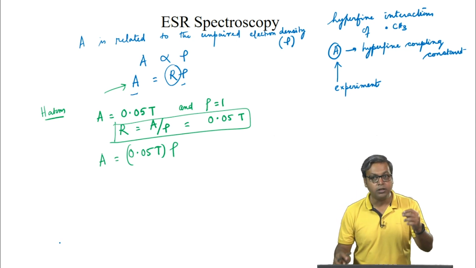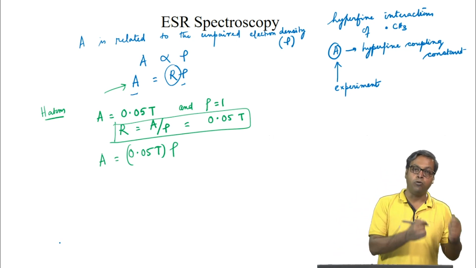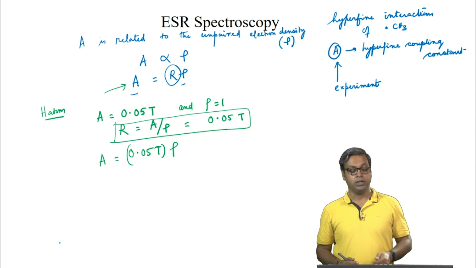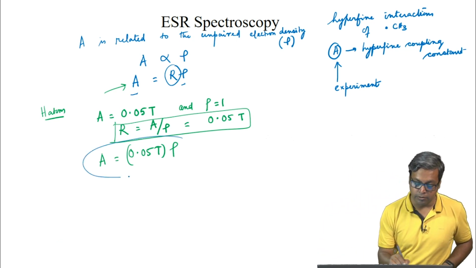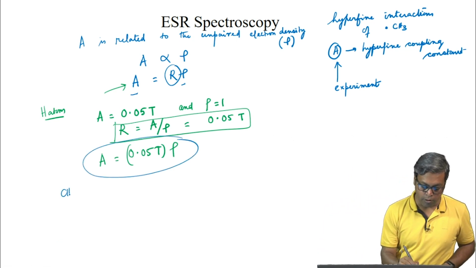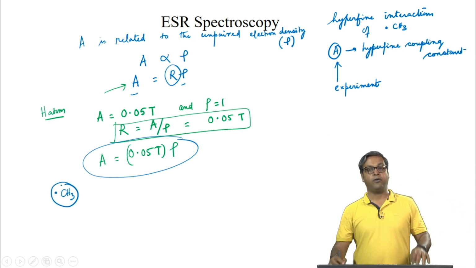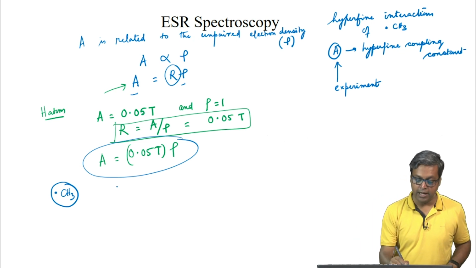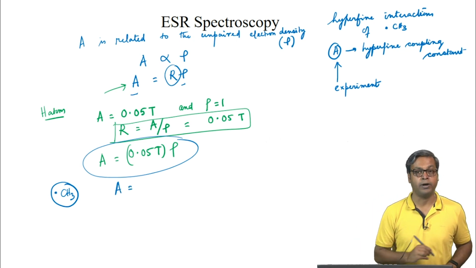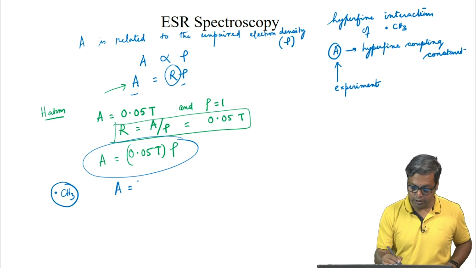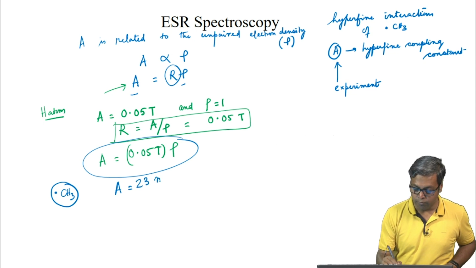Now, for a particular system, let us say we take the system of methyl radical. For a particular system, the value of rho can be calculated using this expression. For the methyl radical, or CH3 dot, A is given by 23 millitesla.